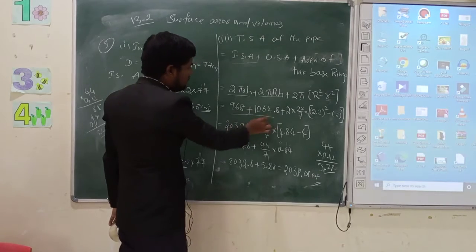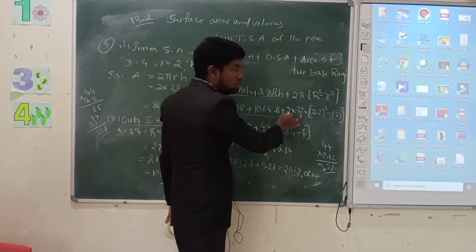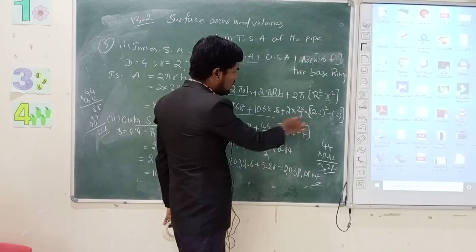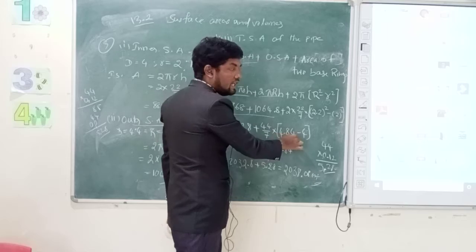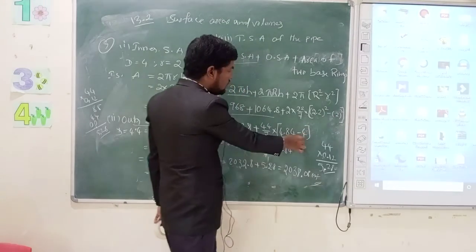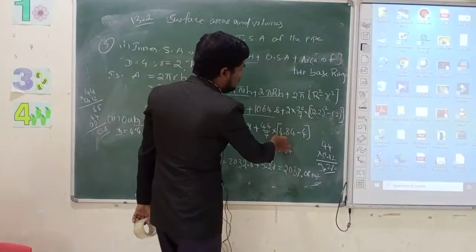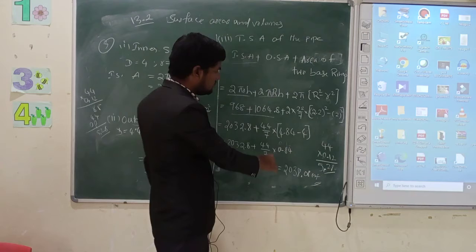If we add this, we get 2032.8. Now 2 times 22 is 44 by 7 into 2.2 square value, which is 4.84, minus 2 square value, which is 4. If you subtract, 4.84 minus 4 is 0.84.